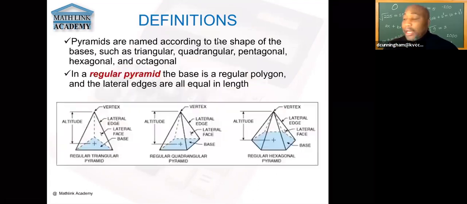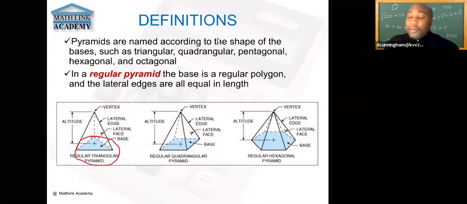Let's continue to look at some drawings and how those definitions come into play. Pyramids are named according to the shape of the base. So you need to know the base shape, and that gives you the name of the pyramid. So let's look at what we have here. For the first one, from left to right, we have a regular triangular pyramid.